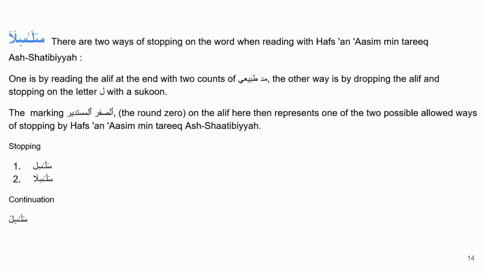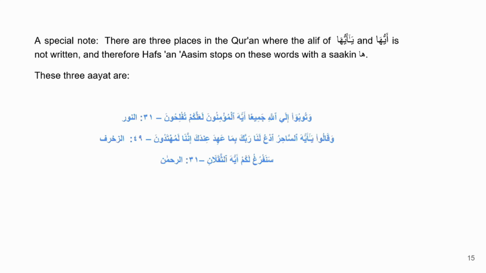So other than these words that have special indication, Hafs stops on words according to the writing in the Quran. And lastly, there are three places in the Quran where the alif of Ya ayyuha or ayyuha is not written, and it appears in Surah An-Nur, ayah number 31, Surah Al-Zukhruf, ayah number 49, and Surah Al-Rahman in ayah number 31, where you can see the word ayyuha or Ya ayyuha is written without letter alif at the end.